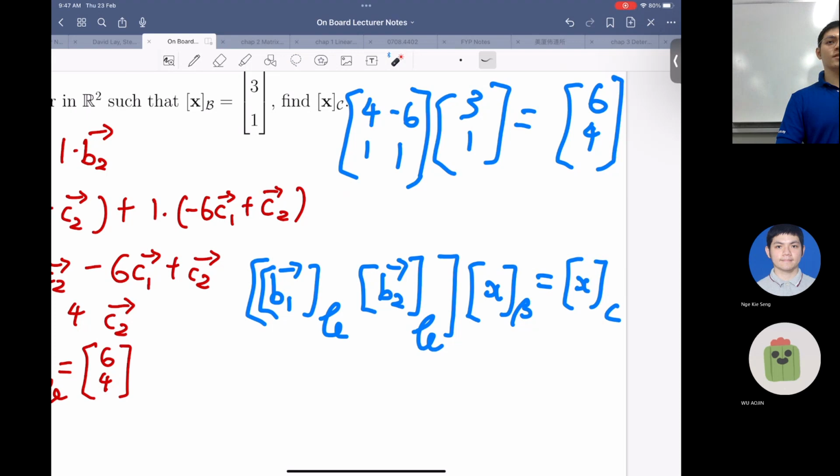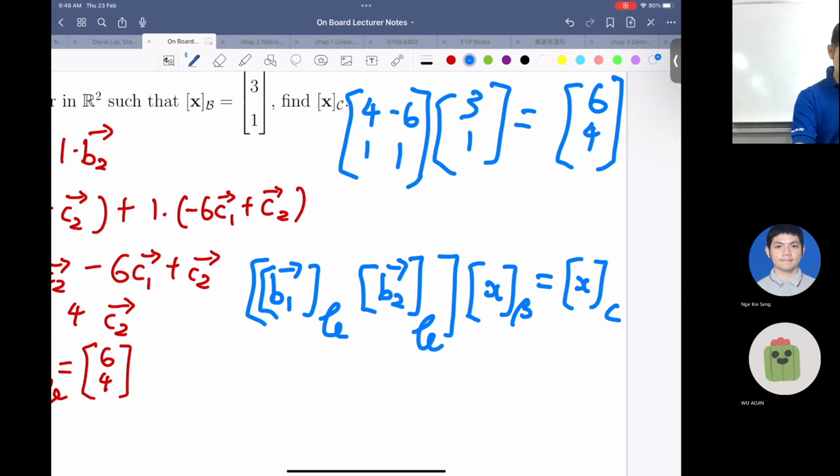Is it okay? Can you remember the process? So to get the coordinate vector in B to coordinate vector in C, you need to find how you express the basis vectors in your B in terms of C, then you can move everything to C. Does it make sense?